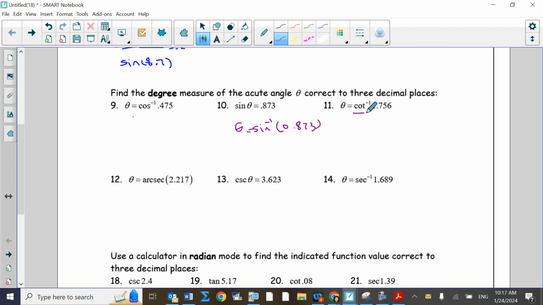But for cotangent -1, we don't have the inverse function on the calculator, so you have to use the reciprocal function. So you're going to find the reciprocal of both function and the argument. Cotangent has a reciprocal of tangent -1, and this value is going to be flipped, 1 over 1.756, and then use your calculator for that.